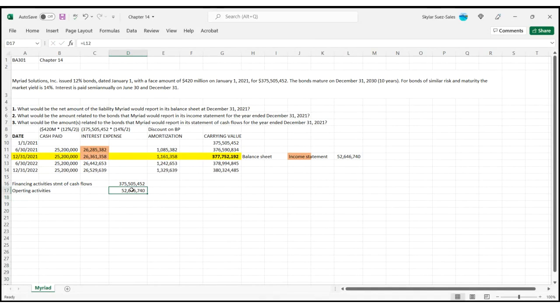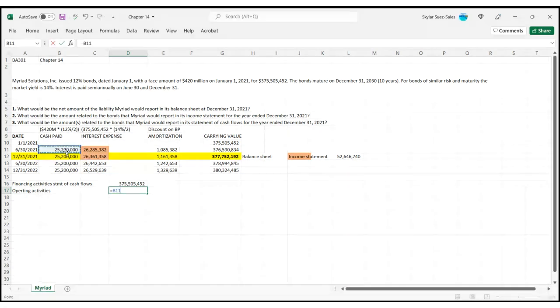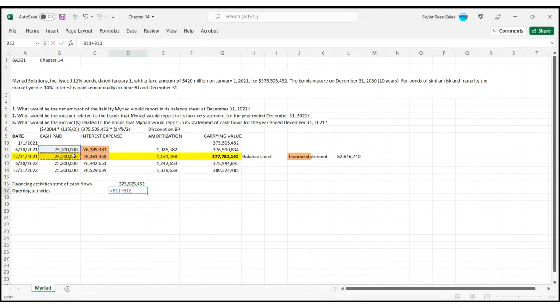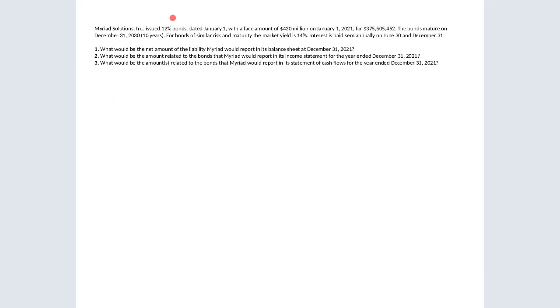I'm sorry, it's the cash paid, not the interest expense, because it's a statement of cash flows, that will be under operating activities. Okay. Any questions? No questions. I'm gonna stop sharing.